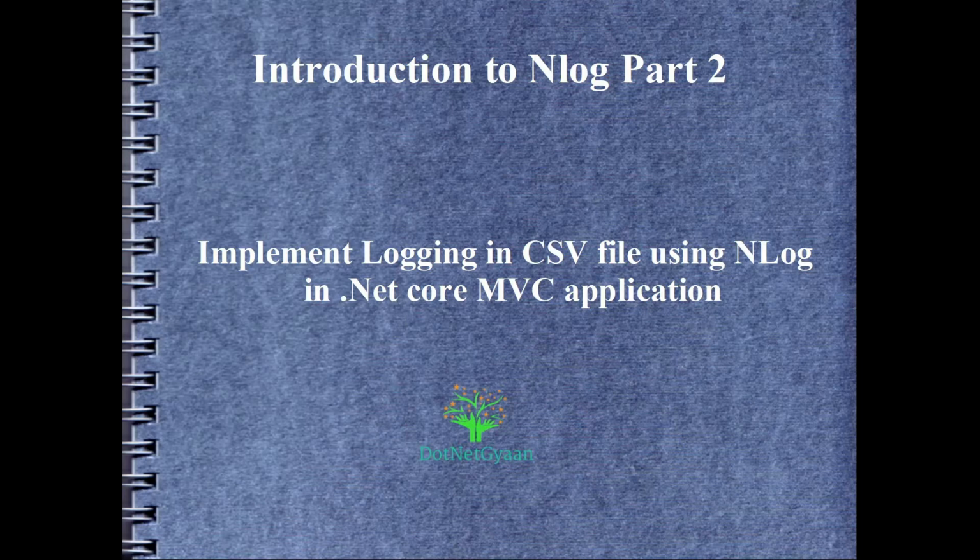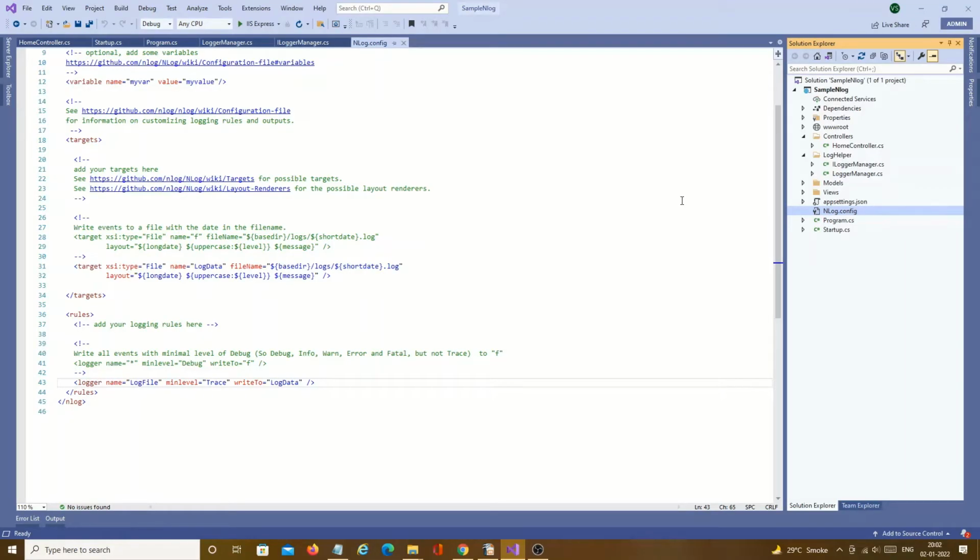Today I am going to show you logging in CSV file using NLog in .NET Core MVC application. Now let's start with the implementation. I will use the same application which I have used in my previous video, so you can also see that video.